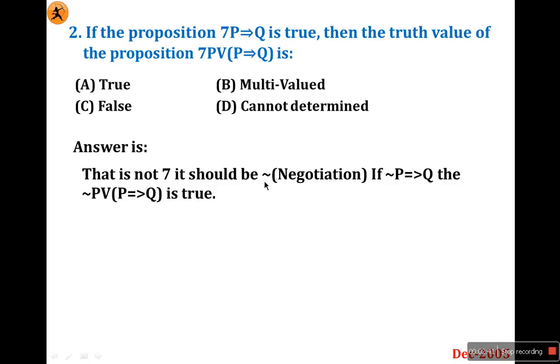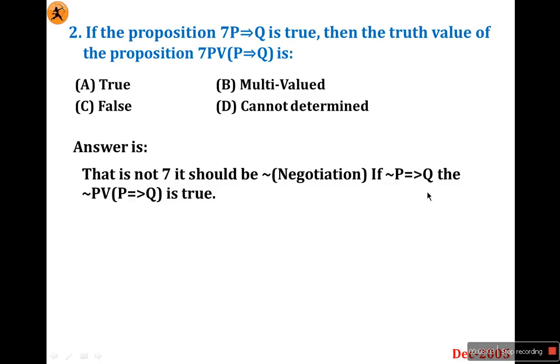Let us assume it is a negation symbol. If it really is a 7, the answer is definitely option D, cannot be determined. Sometimes it may be a typing mistake, so don't suddenly select cannot be determined. Let us check it, assuming this is a negation.